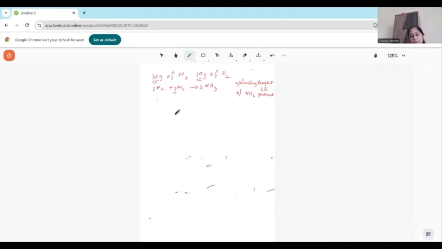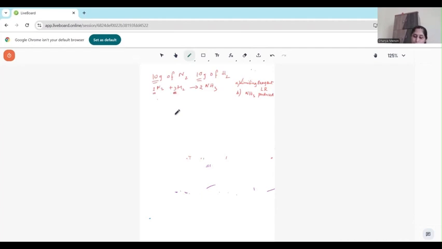So there will be a reagent that will be completely used up. We cannot say that both the reactants are equal, because 1 mole of nitrogen reacts with 3 times the moles of hydrogen.